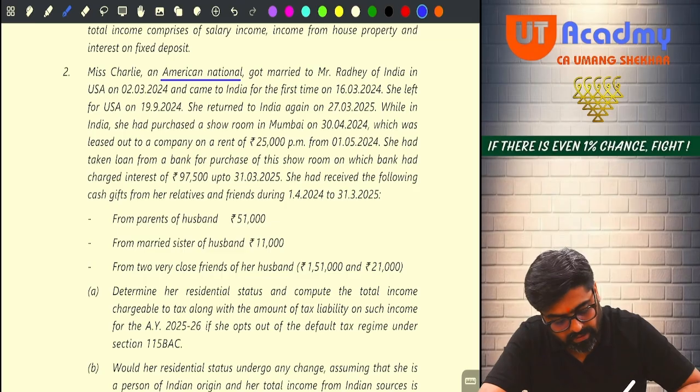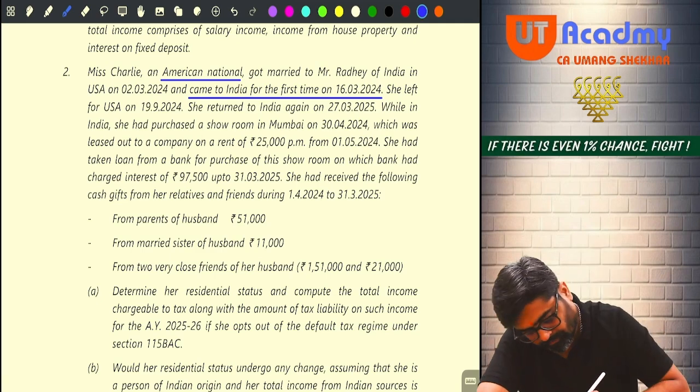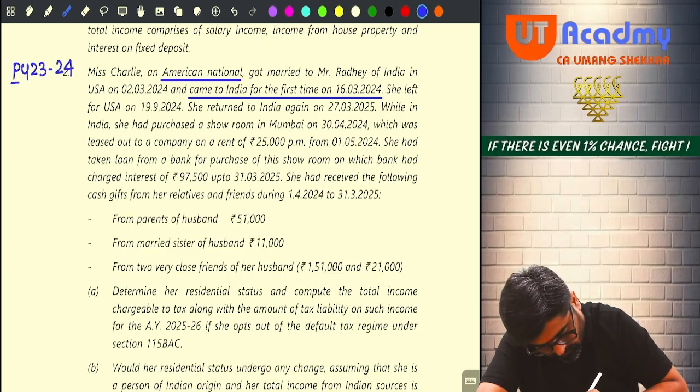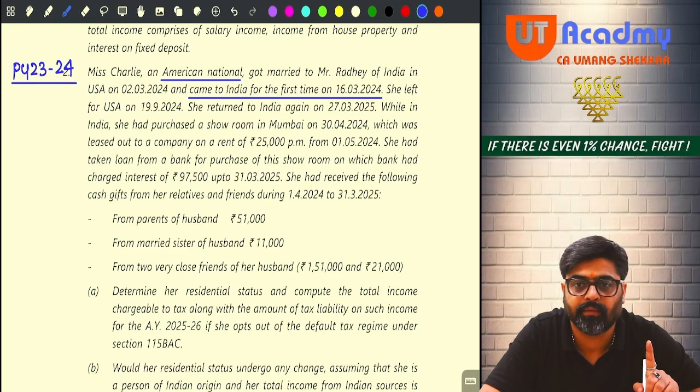And came to India for the first time on 16th March 2024. So can I say, in the previous year 23-24, meaning last year, she came to India for the first time in her life. Prior to this, she has never come to India.